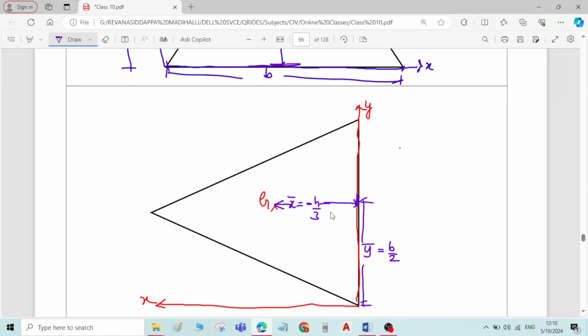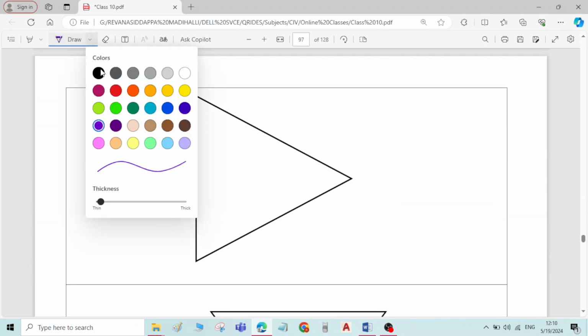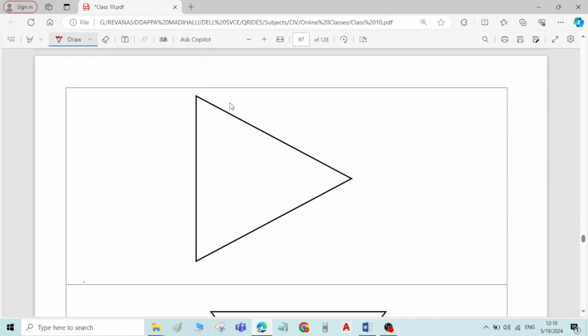Coming to the sign, it depends on the quadrant in which the figure lies. If it is lying in the second quadrant, we know that x is negative and y is positive, therefore x bar is equal to minus h by 3 and y bar is equal to b by 2. In this example, I'll take the reference y axis and reference x axis like this, with G as the centroid.